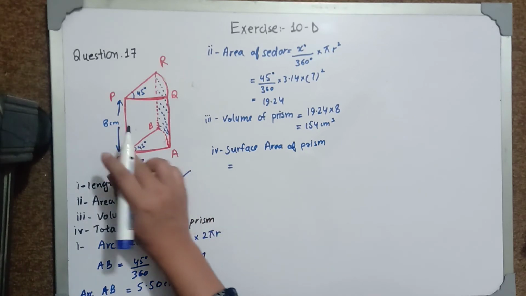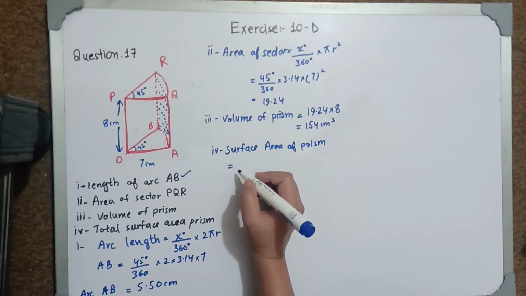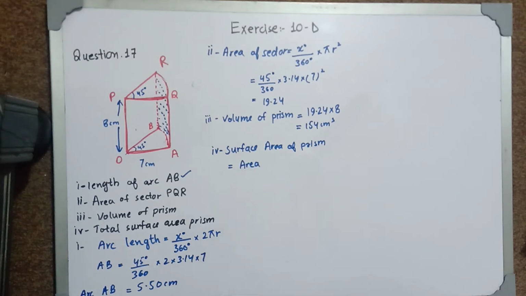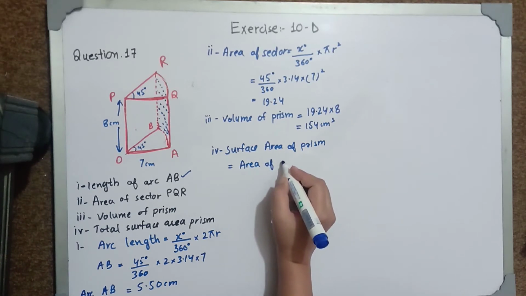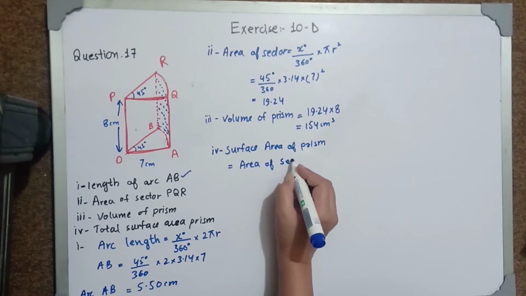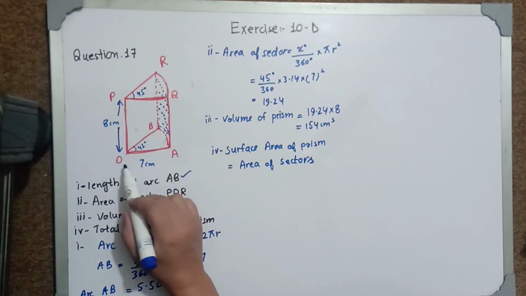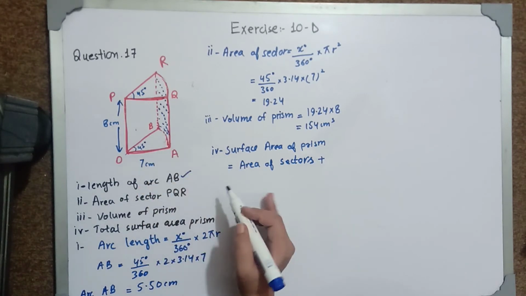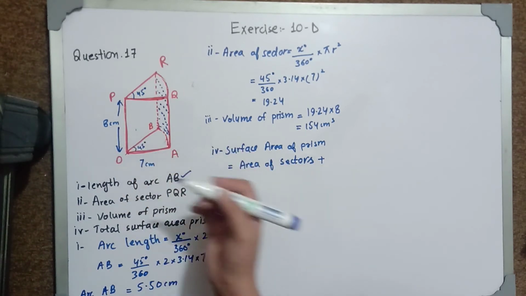First, let's write the surface area. It will include the area of sectors, right? We have two sectors PQR and OBA, plus that I will write later, but just first let me mention all the sides here.